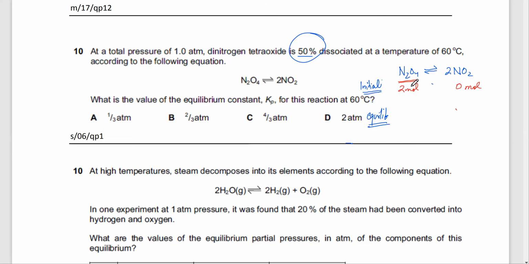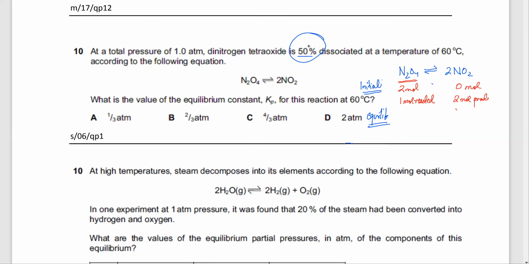I've taken a random number, 2 moles. Now the question states that 50% got dissociated. So that means 50% reacted. What is 50% of 2 moles? 1 mole. So that means 1 mole has reacted. And if 1 mole reacts, on the other side, 2 moles are going to be produced.